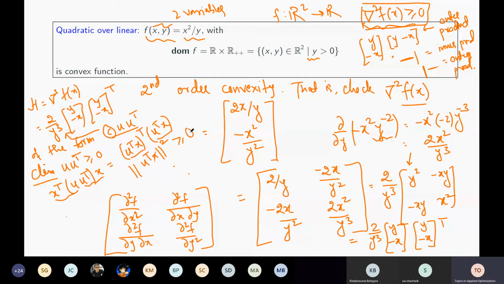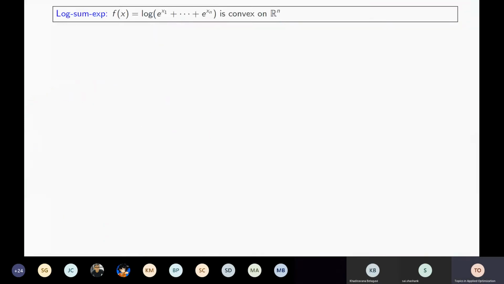So this is greater than or equal to 0, because the norm is always greater than or equal to 0. So this proves that the Hessian is positive definite, and hence the given function is convex.